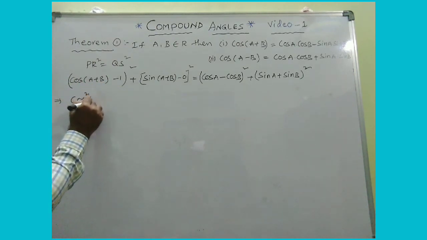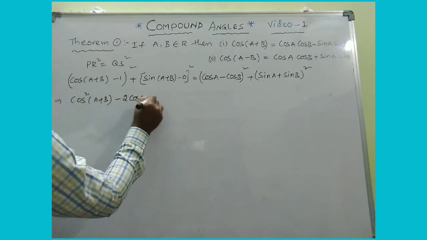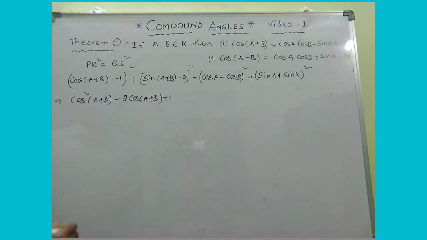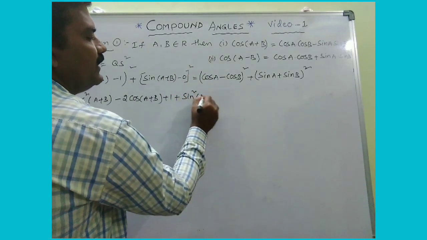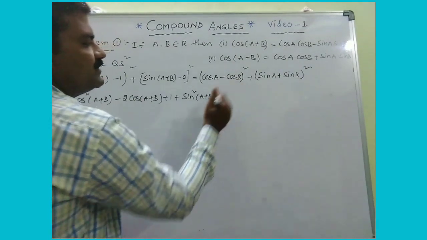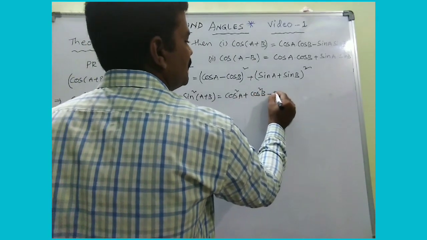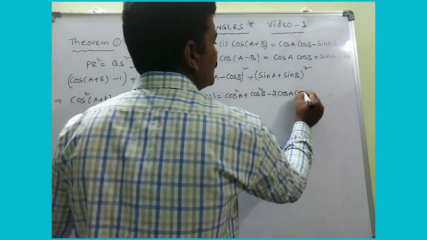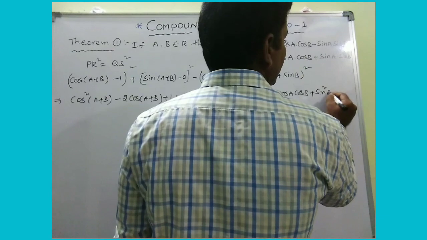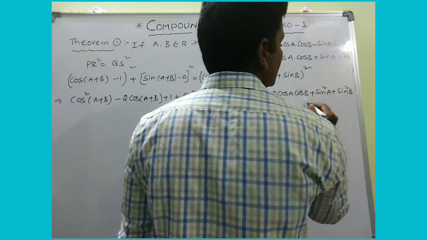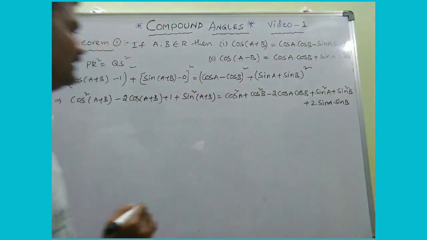Cos square of A plus B minus 2 into cos of A plus B plus 1, because there is only one term, and the square of it is nothing but sine square of A plus B. Now coming to here, cos square A plus cos square B minus 2 cos A cos B, and this is a plus b whole square, no? That is sine square A, sine square B, plus 2 sin A into sin B. Okay?